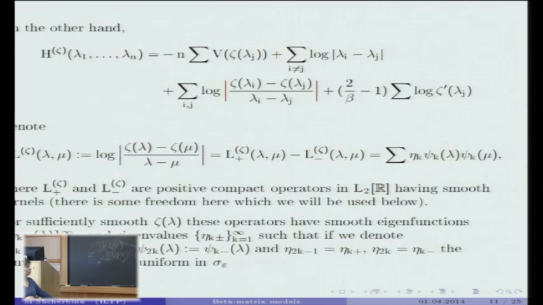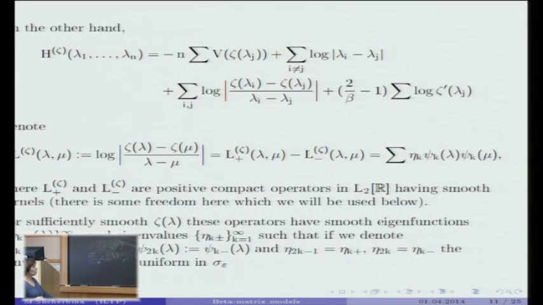Then you have the log of the derivative, and I subtract it here. Because initially it was written with i not equal to j, and now the sum is without this restriction, but when i is equal to j, of course, you have to add log zeta prime, and I add here and I subtract it here.